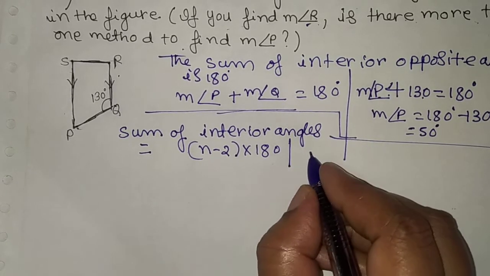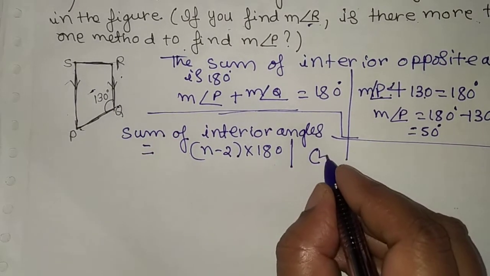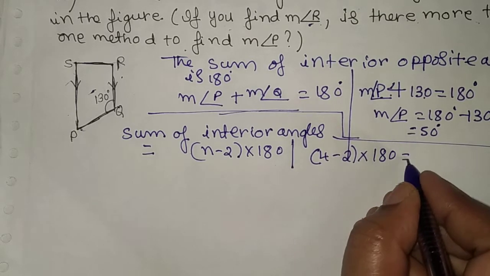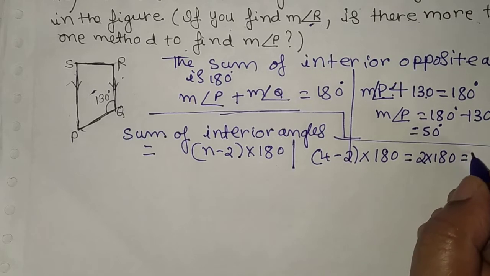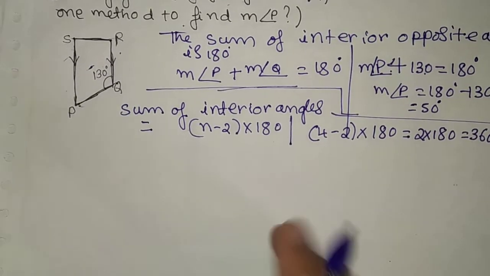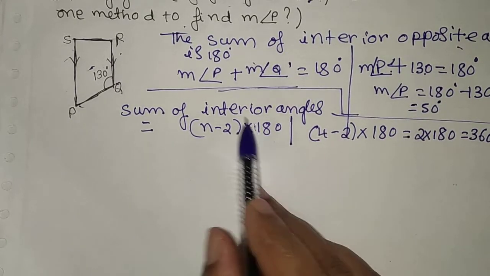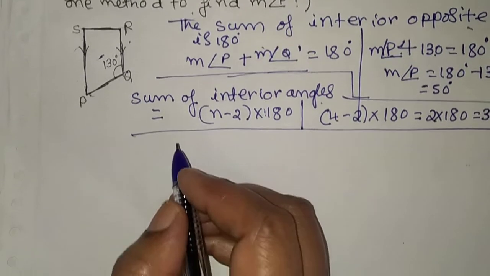The number of sides here in the figure is 4. So write down 4 minus 2 into 180, which is 2 into 180, equal to 360. The sum of interior angles will become 360. So the sum of the interior opposite angles will be 180, but the sum of all angles will become 360. This is how to calculate.